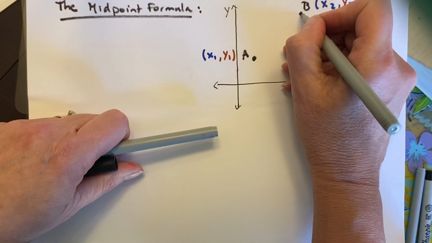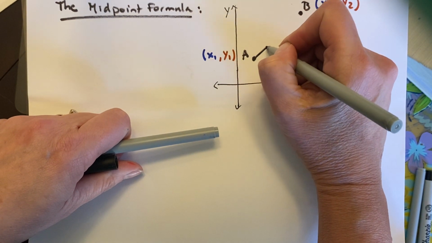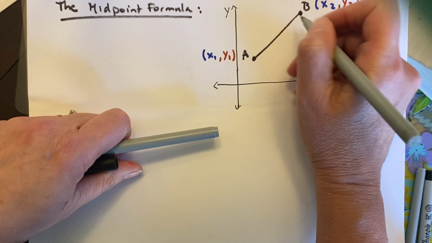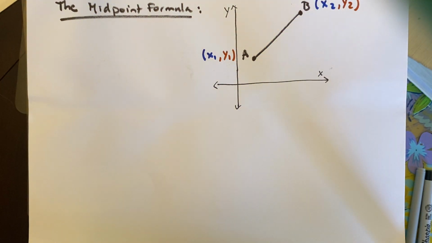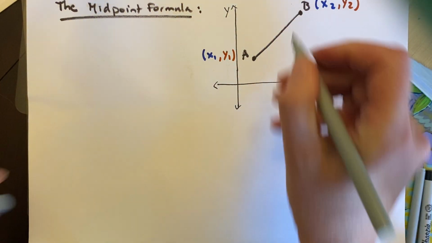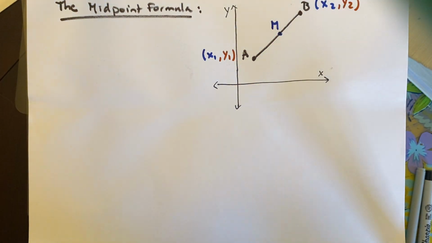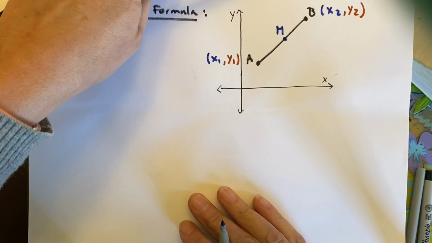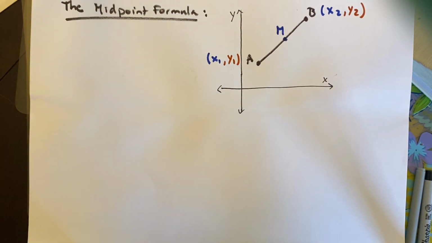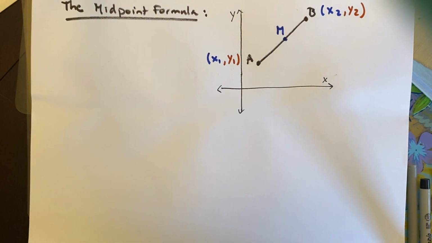I'm drawing my segment between A and B, and in the middle of that segment, I'm going to put point M, because that is my midpoint. I want to find out what is the midpoint of that segment. I want to know what are the coordinates, and how do I find that?